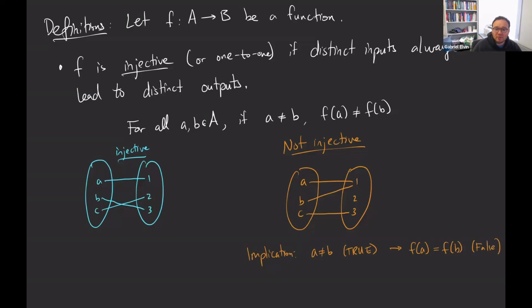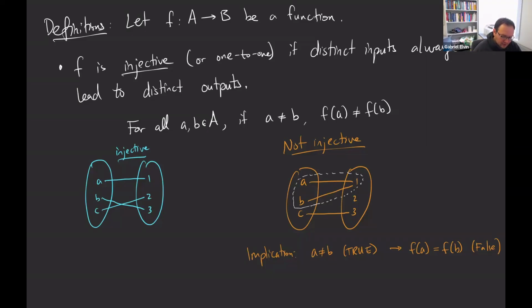So this is the only way to make the if-then statement false, right, from unit 1: make the hypothesis true, A and B are distinct, but the conclusion false, that f of A actually does equal f of B. So there you go. This is the key reason it's not injective, because we have two different inputs going to the same output.